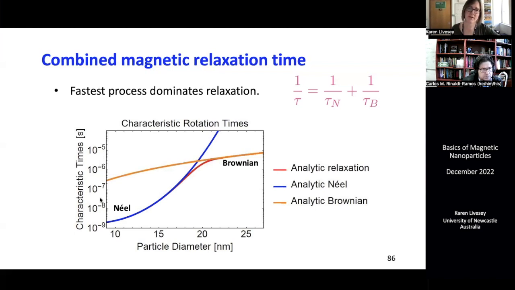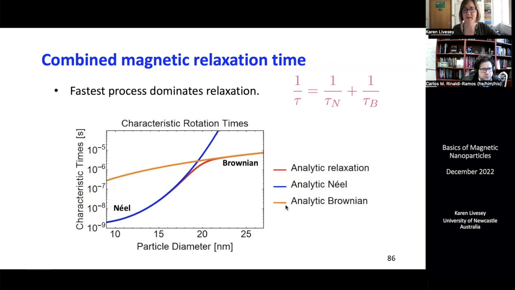And you'll notice it's a logarithmic scale. So we're going through 5 orders of magnitude here. And the blue line is our Néel relaxation time. This takes off because, remember, it depended on an exponential of the volume. So this just diverges as our particle diameter gets bigger.